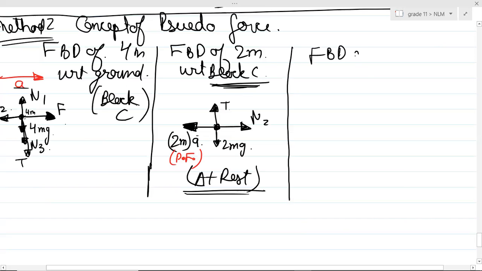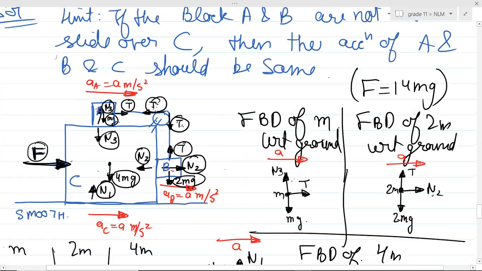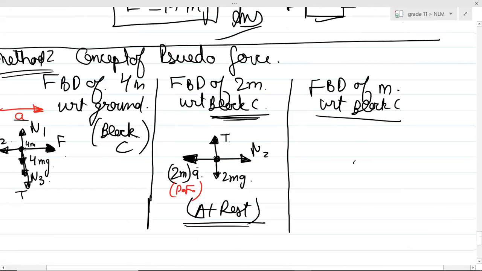Similarly, you'll draw the free body diagram of M with respect to block C. What all forces are acting on M? N3 upwards, Mg downwards, and T towards left.